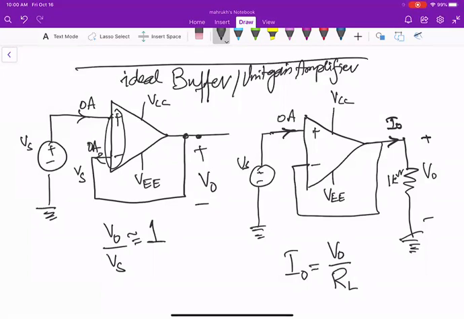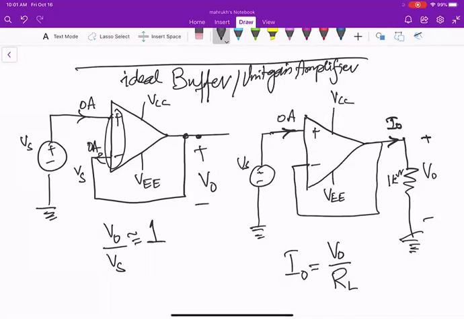Why? Because it has external power supplies energizing the op-amp, and they can produce I naught. It's not like it's producing something we are not giving it, because that would be against the law of conservation of energy, right?